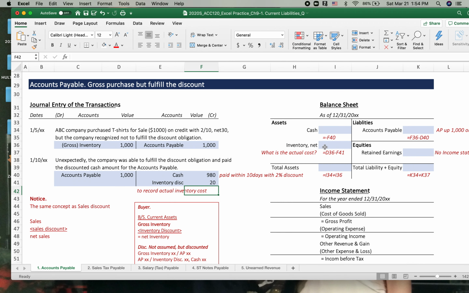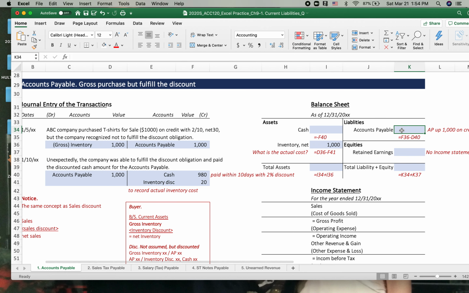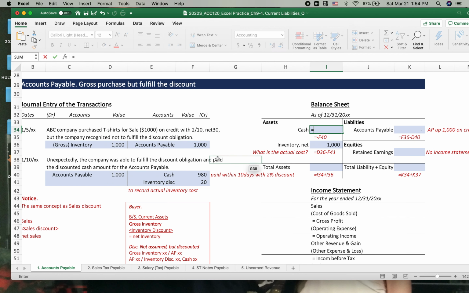Let's link all the journal entries on the balance sheet. The gross inventory, I know we don't have gross inventory there, but at the end of the day, we'll record the inventory net value. So $1,000 inventory gross amount on January 5th, and then accounts payable $1,000. And the second transaction, accounts payable, we should reduce $1,000 when you pay 980, which is negative.